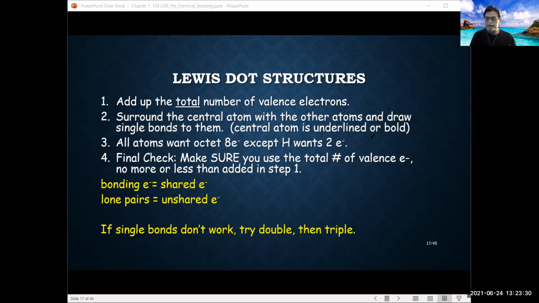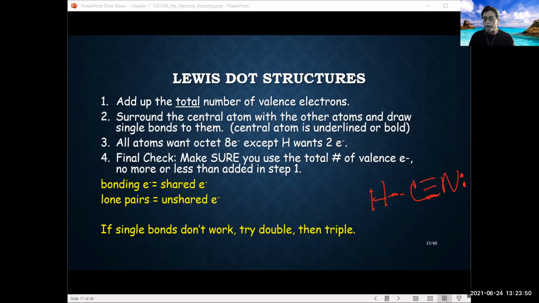We're going to use some examples of that. For example, this structure here is a hydrogen single bonded to carbon, triple bonded to a nitrogen, and then a lone pair on the nitrogen. We're going to use this example to show how we had to create triple bonds between the carbon and the nitrogen.